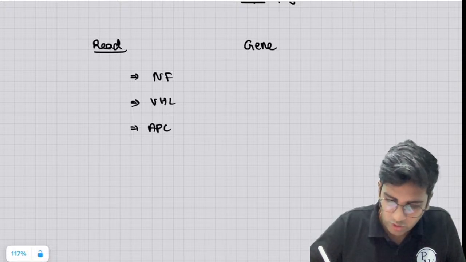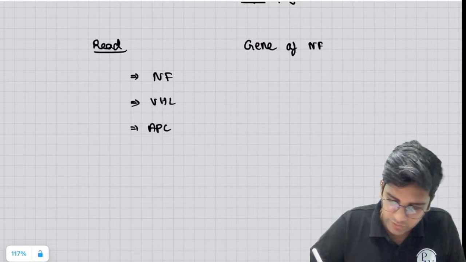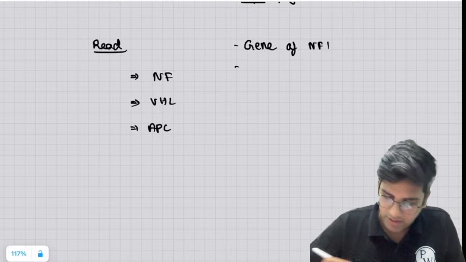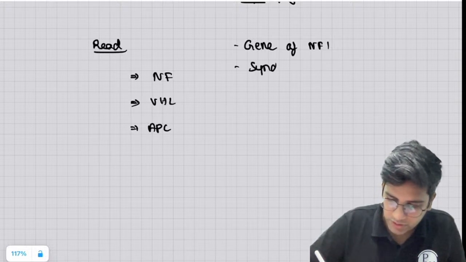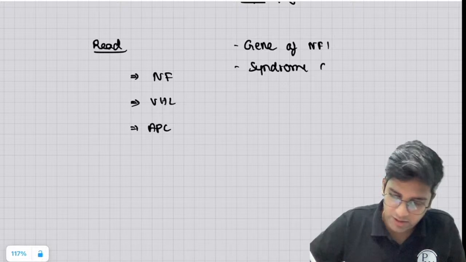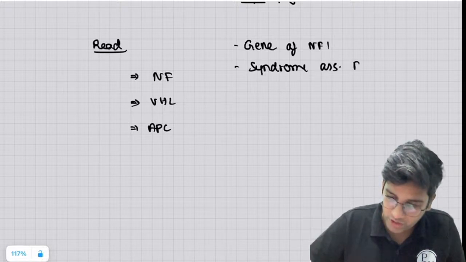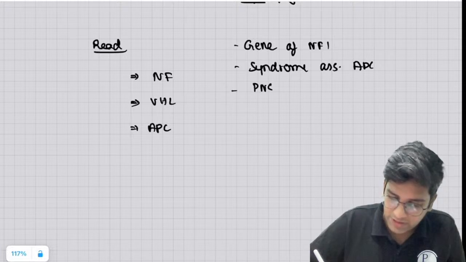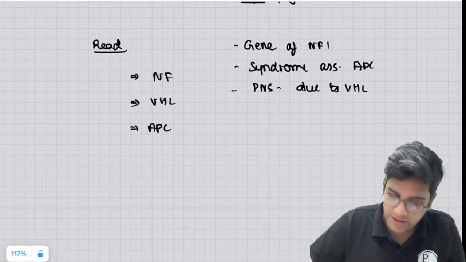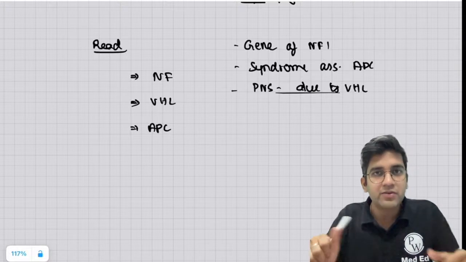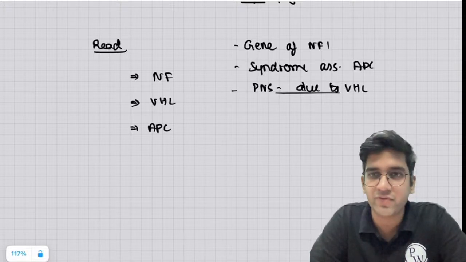The gene of neurofibromatosis 1, the syndromes not now associated with your APC mutation, and also paraneoplastic syndrome due to VHL, right? These are 3 questions for you. Just read whenever it's possible from your Robbins and ping me, right?